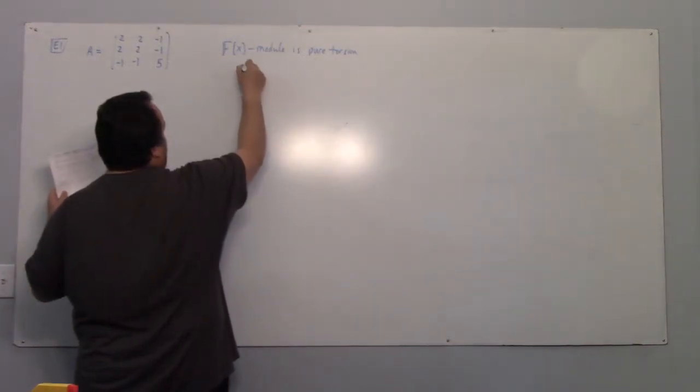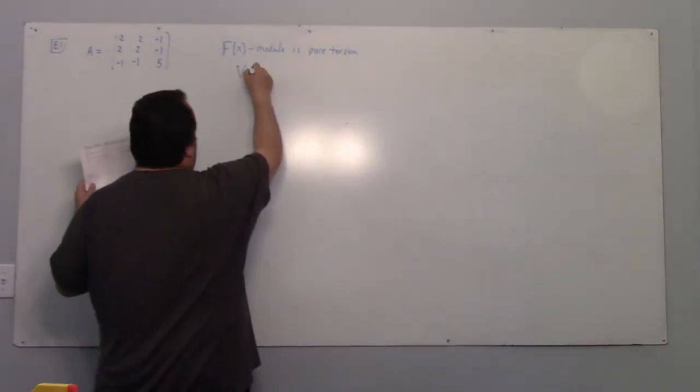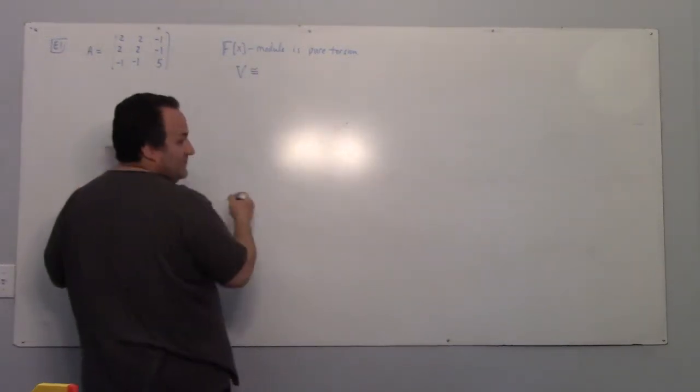V is the F[x] module of A, right? So what does the primary decomposition theorem say? It says this is isomorphic to what?